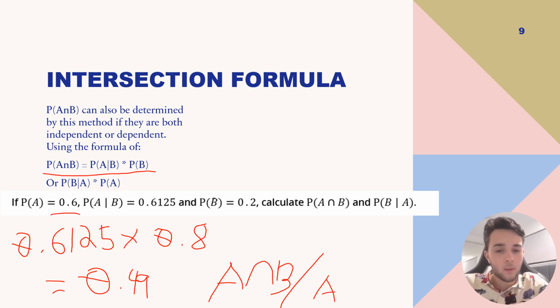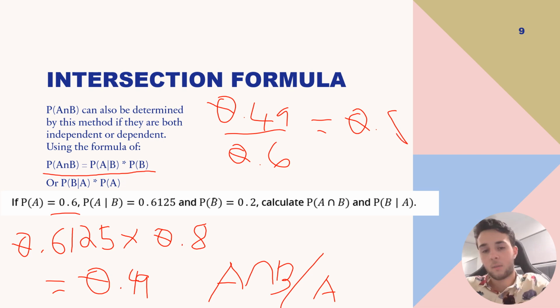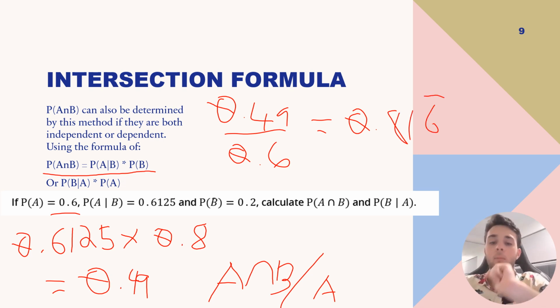So now you have your A intersect B as 0.49, right? And then you plug in 0.49 over probability A. Probability A equals 0.6, and that will equal 0.49 over 0.6, 0.816 with the 6 recurring.